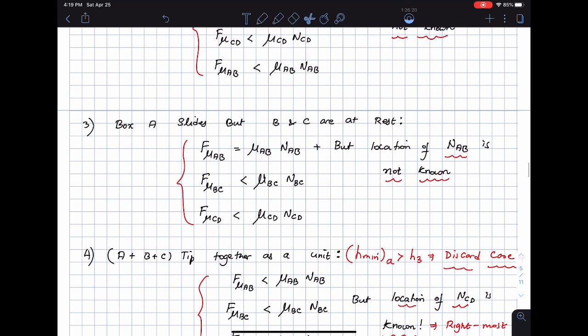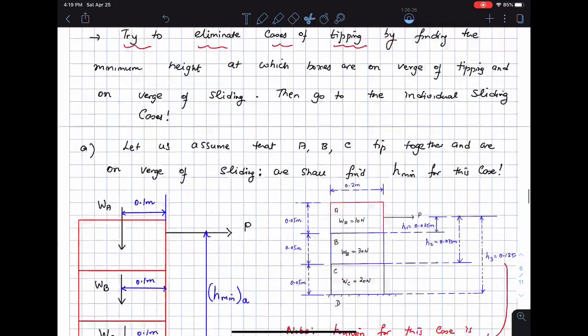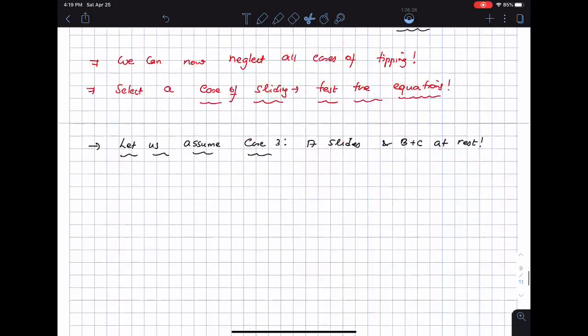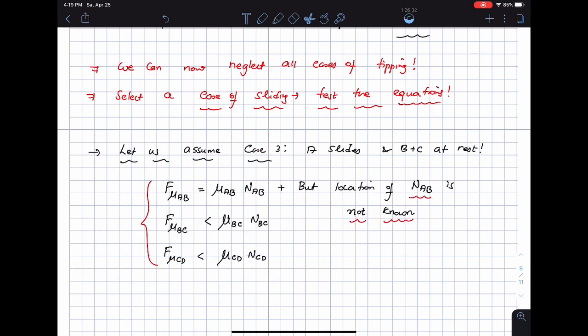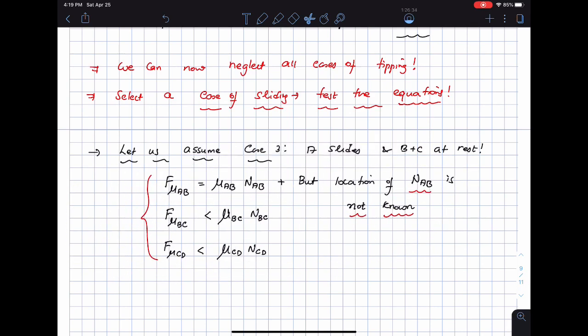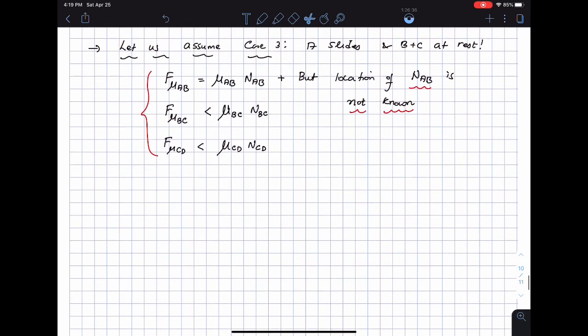This is the set of equations that I had from before for case 3. I'm going to copy these and bring them down here. Sorry for going up and down. I hope you're not getting your head spun around. Okay, so this is the situation.